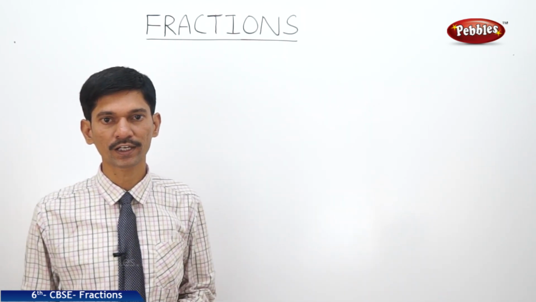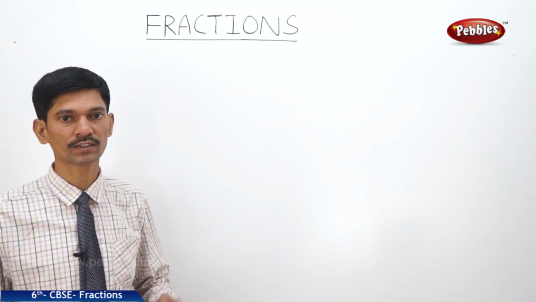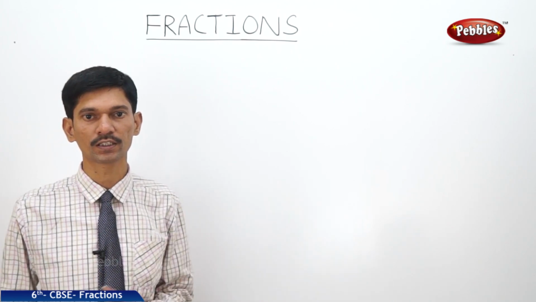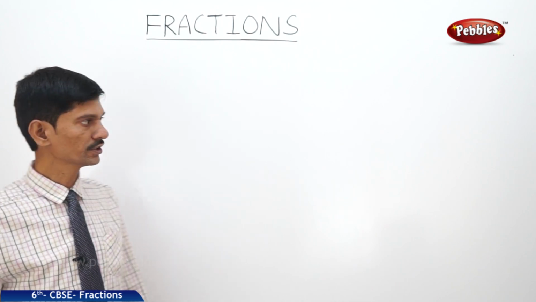So far we have learnt how to write the equivalent fractions of a given fraction and how to express the given fraction in the simplest form by finding the HCF of the numerator and denominator. Now let us do a few problems based on all these concepts. Let us see the first question.